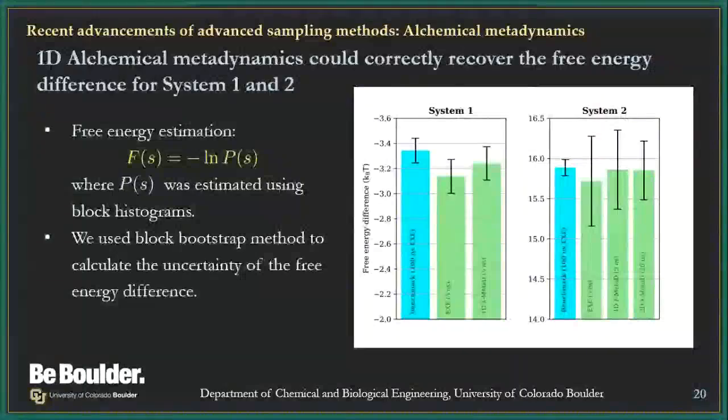And in this figure, you can see that we compared alchemical metadynamics to long expanded ensemble simulations, where the benchmark is colored in blue. As a result, for system 1 and system 2, you can see that 1D alchemical metadynamics was able to correctly recover the free energy difference. Additionally, with the dihedral angle as the configurational CV in system 2, the 2D alchemical metadynamics could also predict the free energy difference accurately.